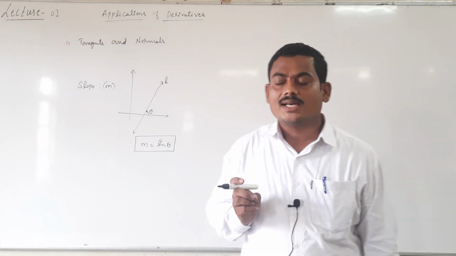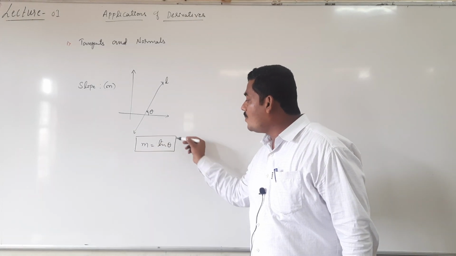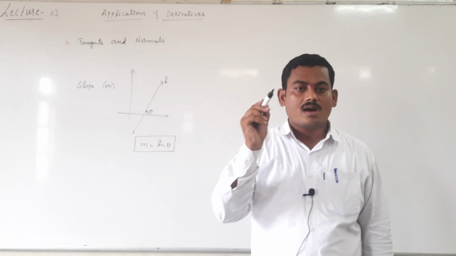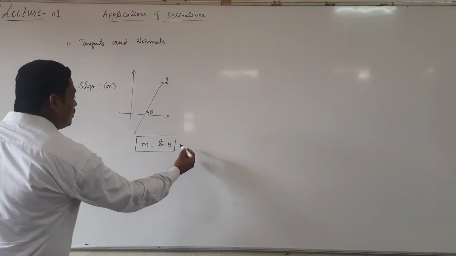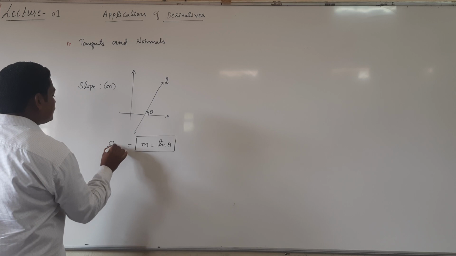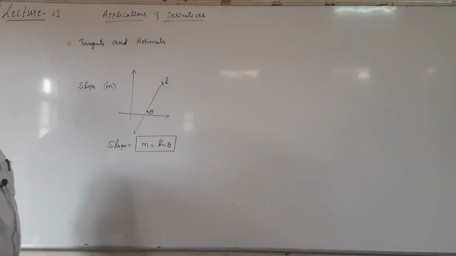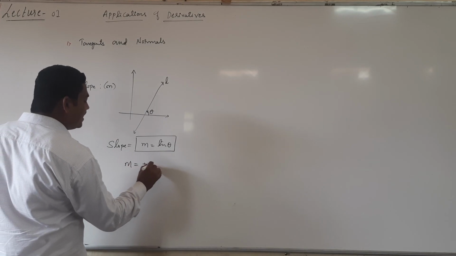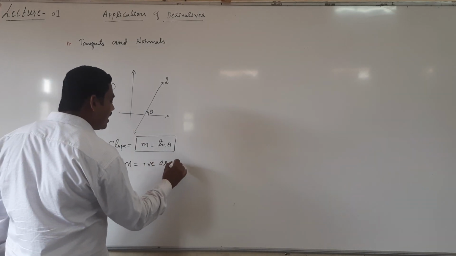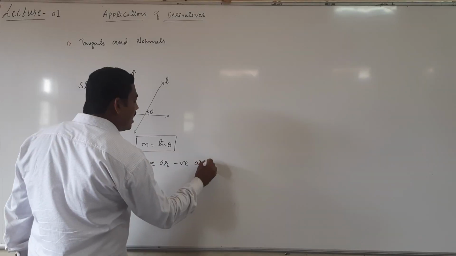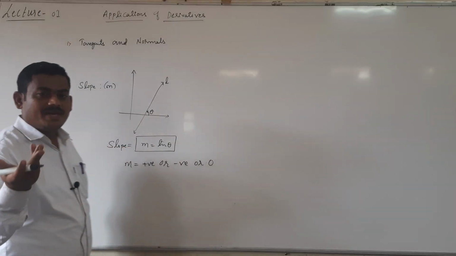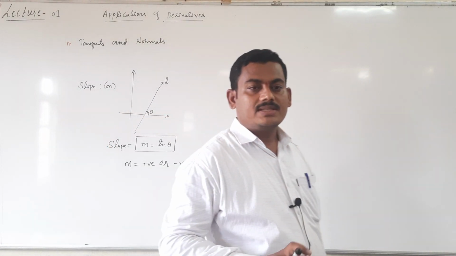Then this slope may be 0, right? Slope depends on the inclination of the line. Slope may be 0 or positive or negative. Remember this point. This is the slope of a straight line. Then m is either a positive quantity or a negative quantity or 0, because tan theta value may be 0 or positive or negative, right?